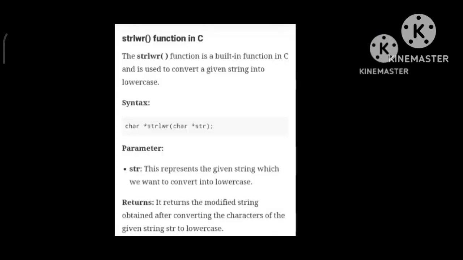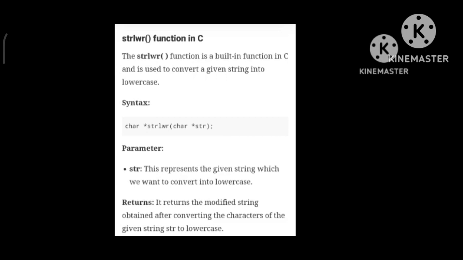Next one, the strlwr function in C. The strlwr function is a built-in function in C, and it is used to convert a given string into lowercase. Syntax: char *strlwr(char *string).